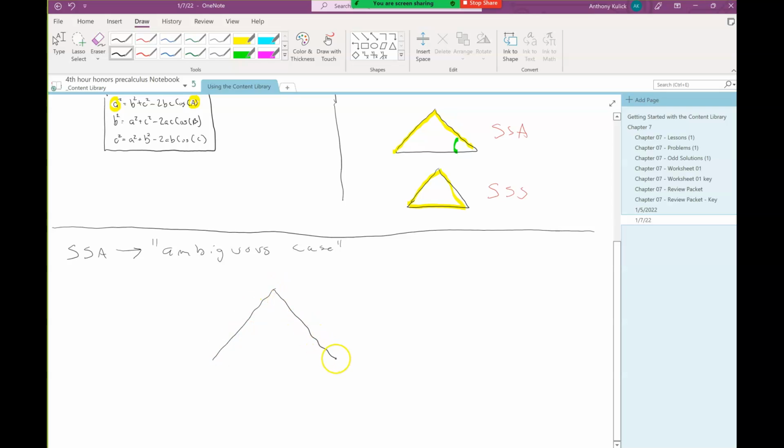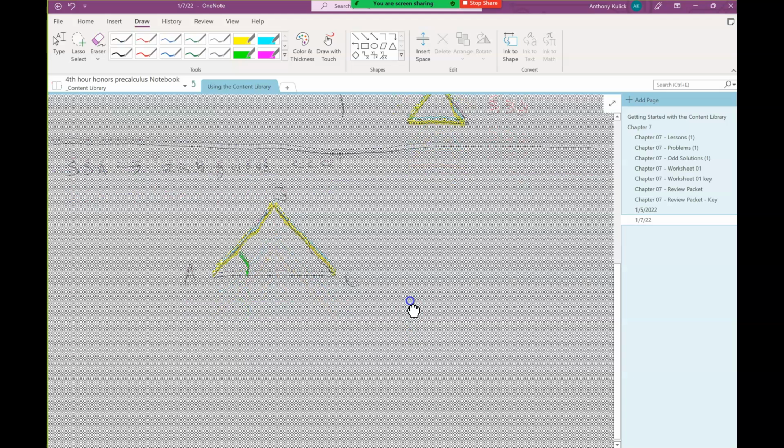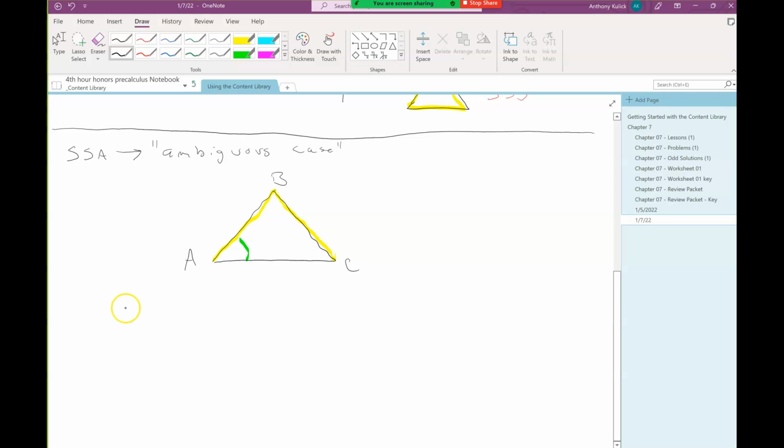So for the sake of argument, let's say that we have this triangle ABC, and since it's an SSA situation, we're given angle A, side AB, and side BC. Everybody's cool? Okay. Now, this starting information is going to break down into three cases.